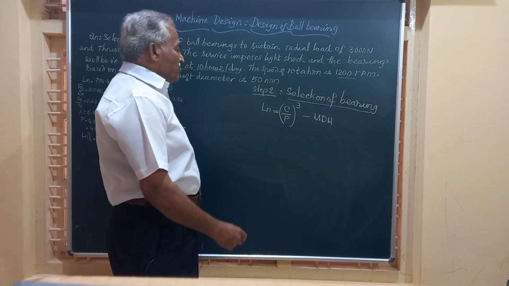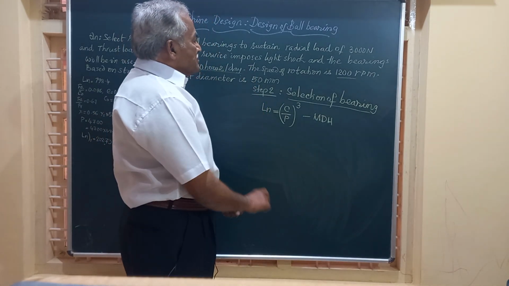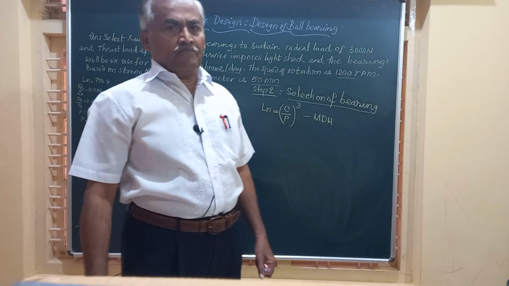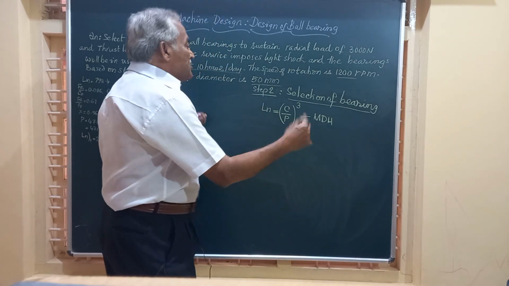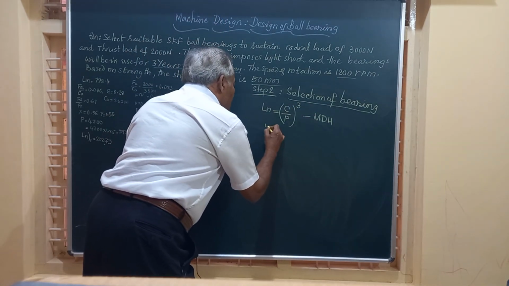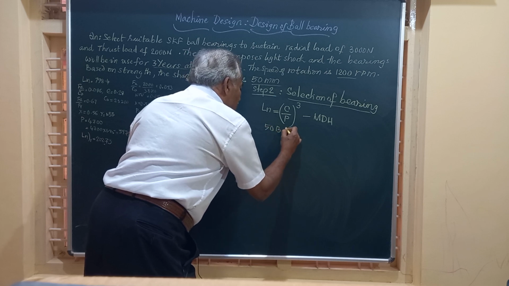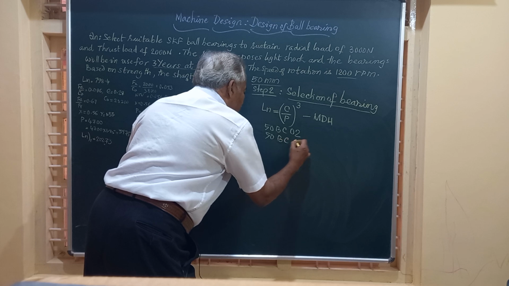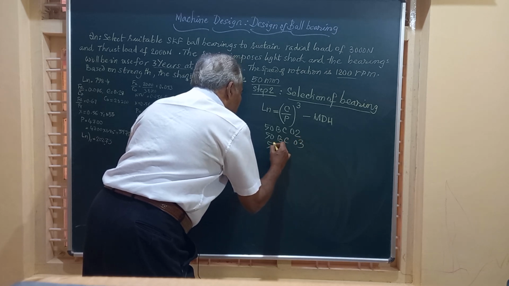So here what we do, the diameter is given to be 50 millimeter. So we have the choice to select 50 BC02, 50 BC03 and 50 BC04.